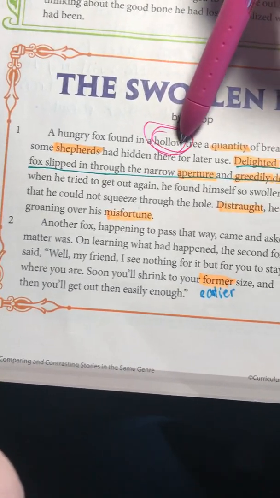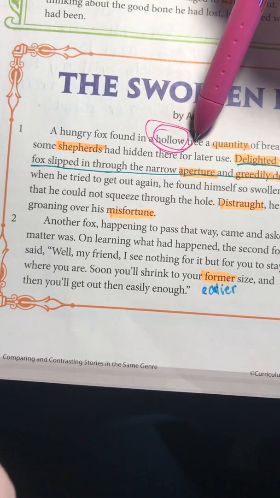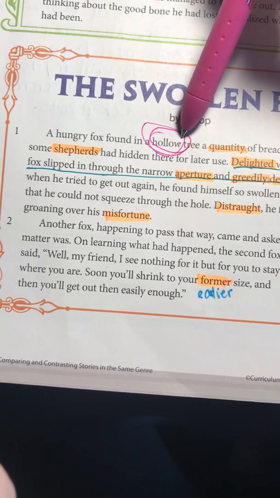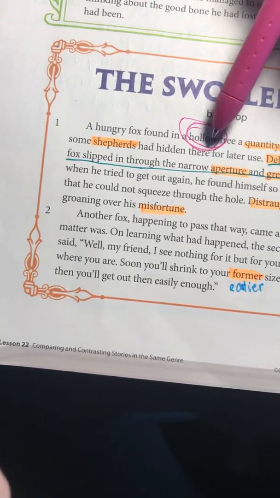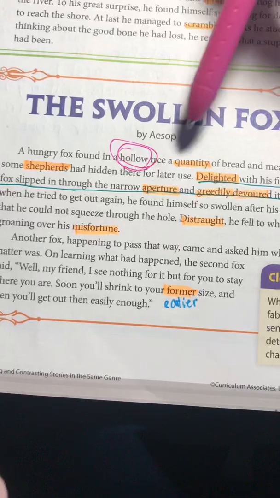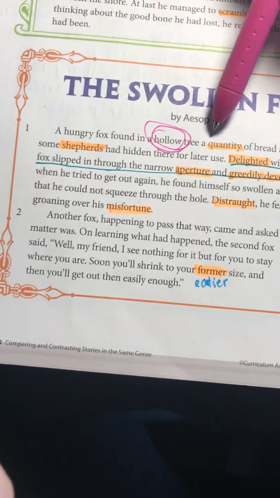And what does hollow mean? Good. Hollow means that it's empty inside. So there might be the outer shell of the tree. Maybe you've seen a hollow tree before and you can think about what that tree looks like right now.